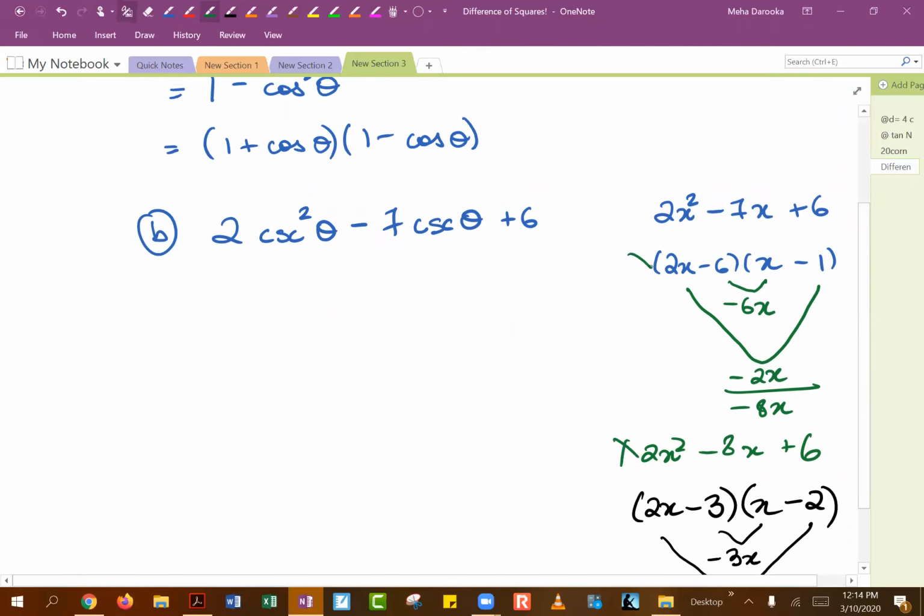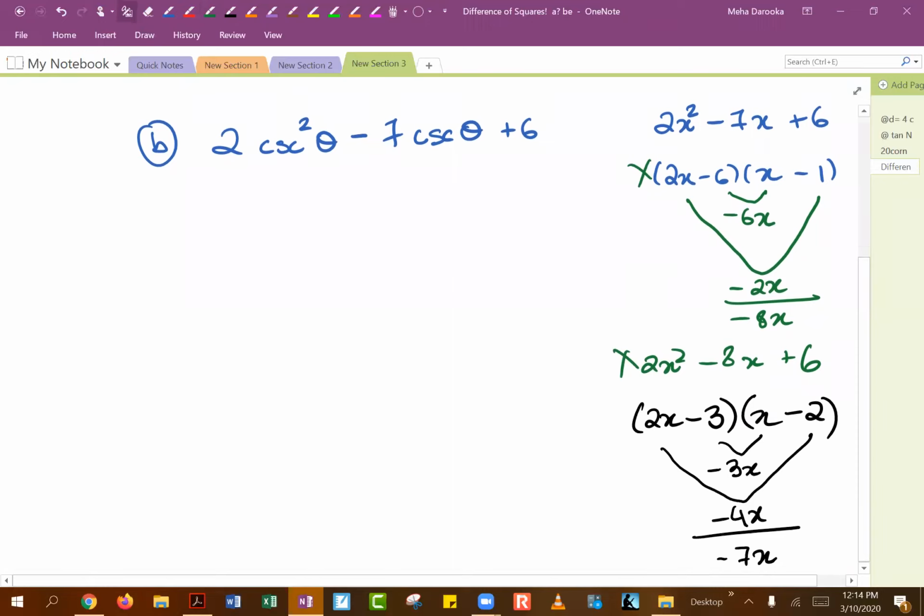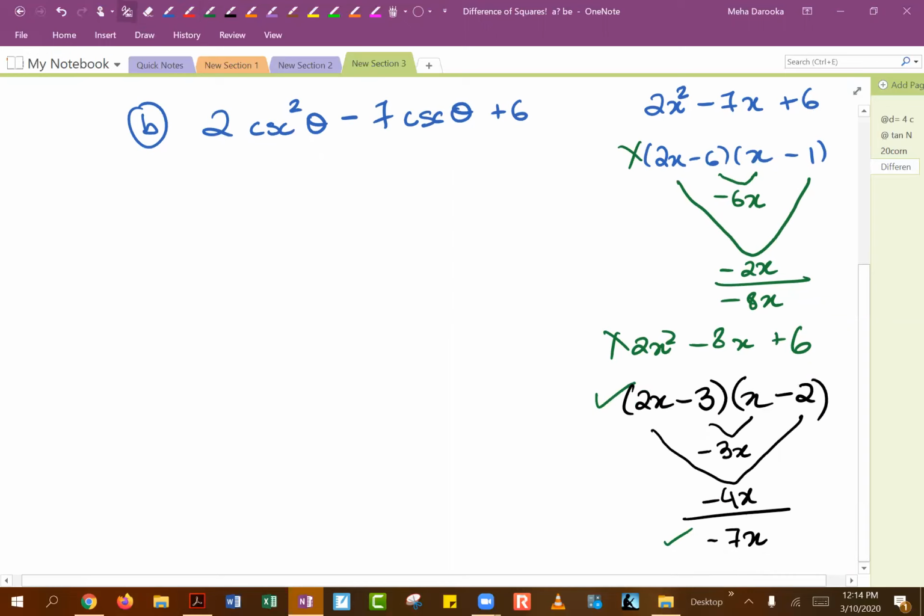So this guy did not work out, but 2x minus 3 and x minus 2 does indeed work out for us. So now how would you bring it from the x term to our expression? Very nice. So that would be parentheses 2 cosecant theta minus 3, right?